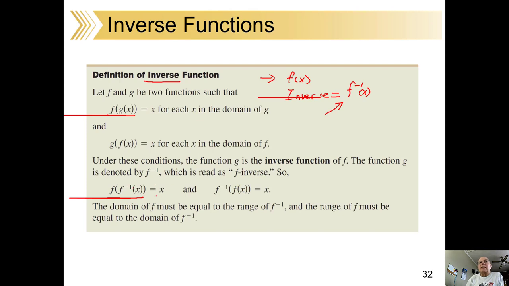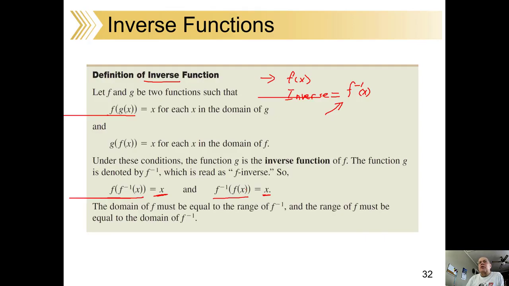If you do that and you get the original number back, x, and if you do it in the opposite order, give it the function f and then the inverse, and you still get that x back again, then they're inverse operations. You have to check it out both ways.